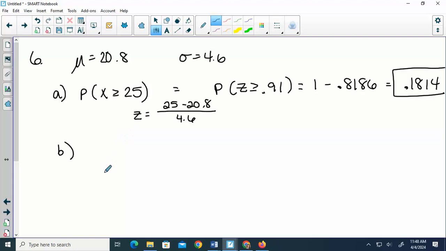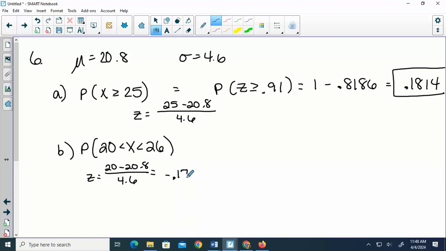B, we need the probability that our score is between 20 and 26. So what do we have to do? So if we're at 20 minus the mean, divided by the standard deviation, gave us negative 0.17.